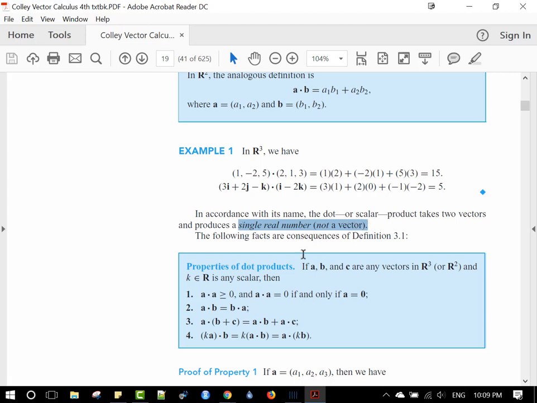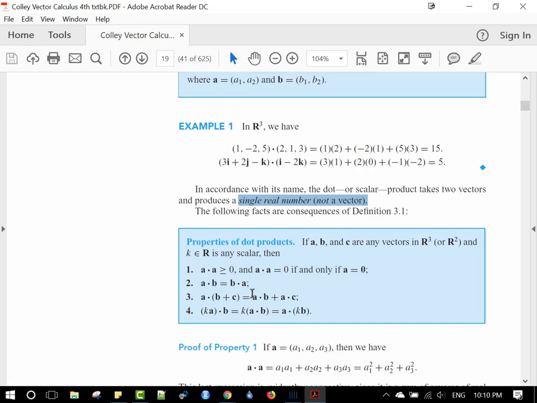Okay, and it takes 2 vectors, one on each side of the dot, and gives you a real number, not a vector. Okay, some of the properties of the dot product are that if A, B, and C are any vectors, and k is just a scalar number, if you take A dot A, it's never going to be negative. And let's see, how can we show that?